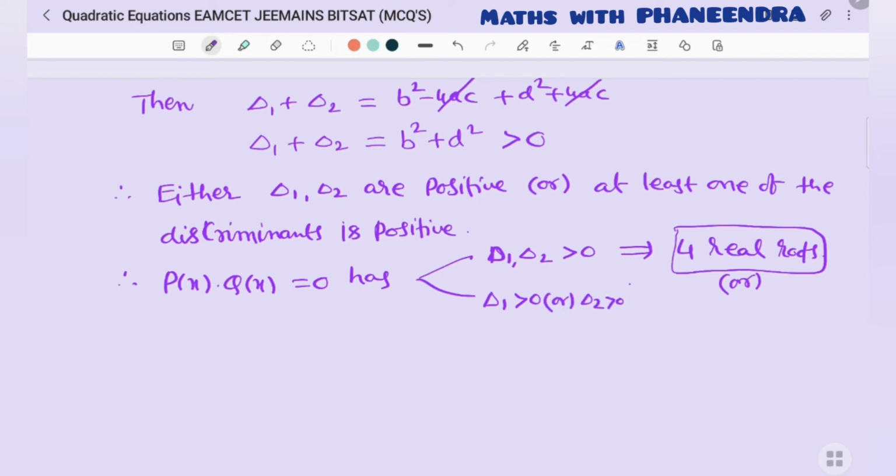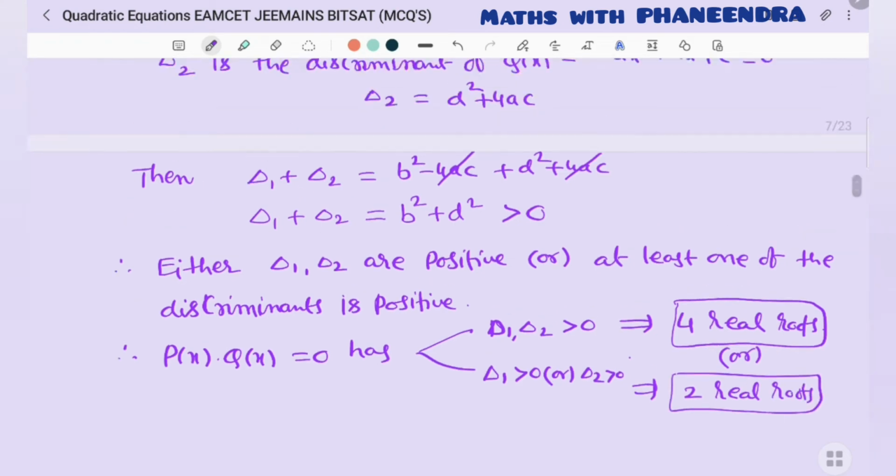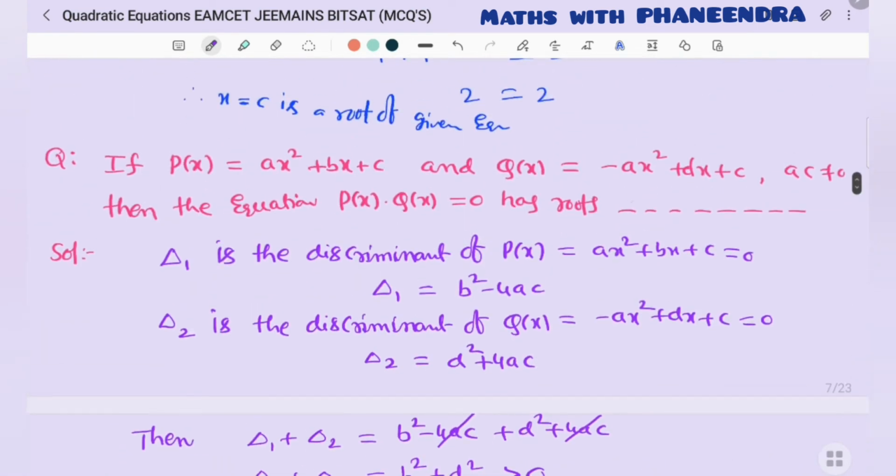Any one of them you can take means only 2 real roots. So ultimately the answer is either 4 real roots or 2 real roots. That is the answer, no?